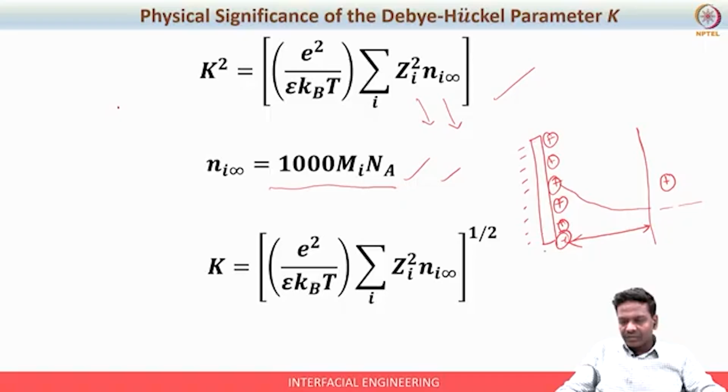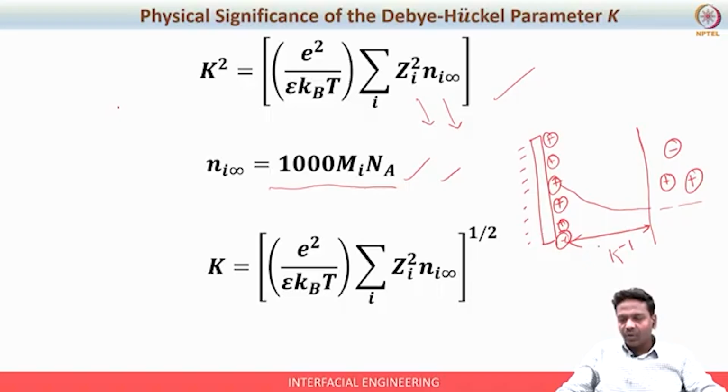Or you can say this charged surface cannot influence any counter ions or co-ions present after this domain. There will be co-ions as well as counter ions. So there will be no interaction between the ions present after this distance, called K inverse, and the charged surface. So that is the understanding.